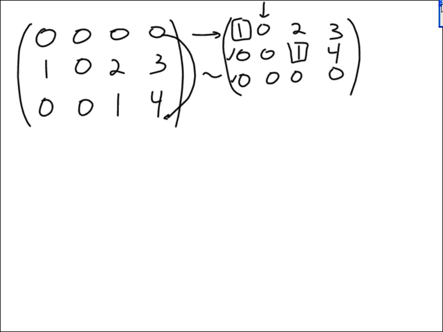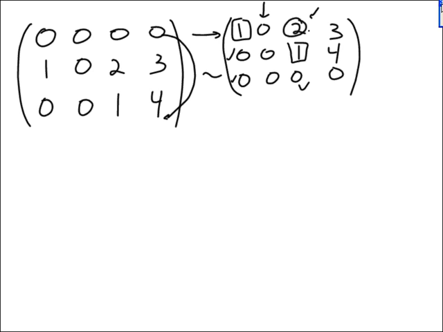In row 2, there's your leading 1. What's below it is 0. What's above it is not 0, it's 2. So we want to change row 1. I want that to be a 0.